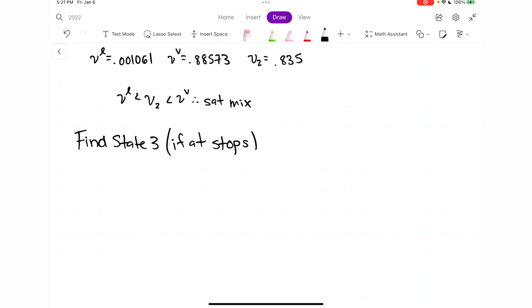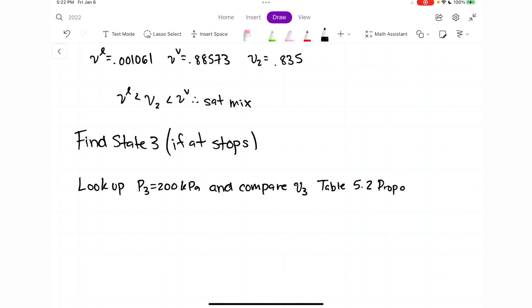So we're going to look up P3 equal to 200 kilopascals and compare the same thing we've been doing, and compare the specific volume with the specific volume of a saturated liquid and the specific volume of a saturated vapor at a pressure of 200 kilopascals in table 5.2, properties of saturated water.